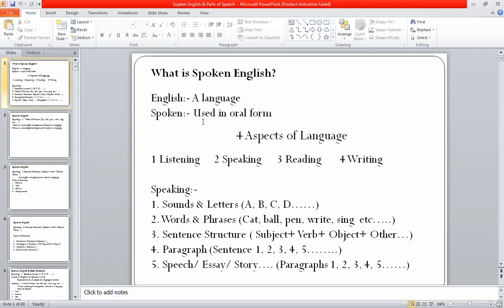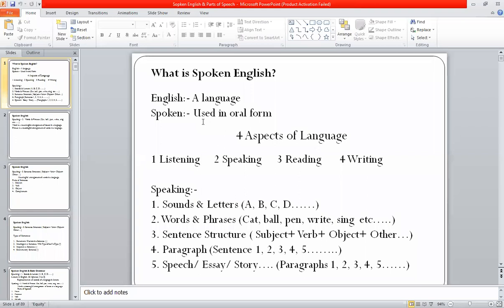So why is listening the first aspect? Generally, how do we start to speak any language? We start speaking any language with listening.